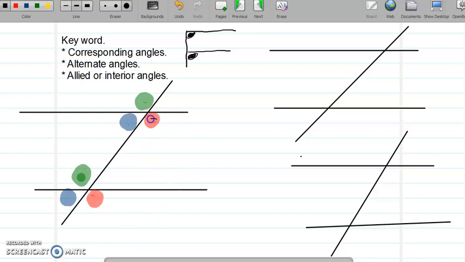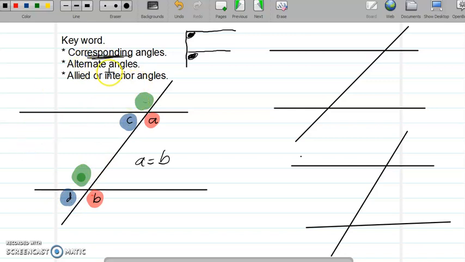So if I have here A and here B, maybe here C and D, A is equal to B, reason: they are corresponding angles. C is equal to D, reason: they are corresponding angles.